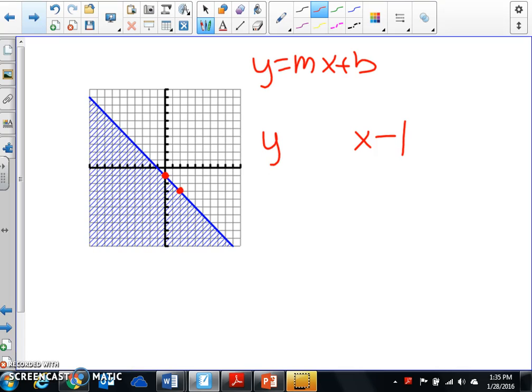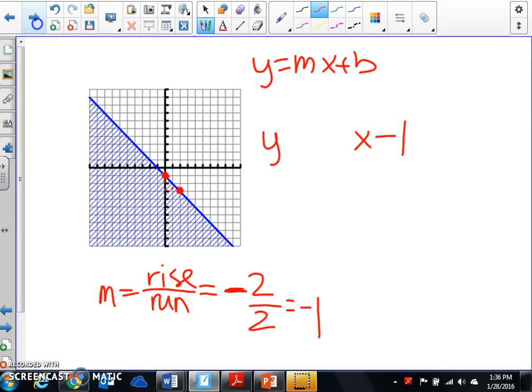Remember, slope is rise over run. Before I even get going, I'm going downhill, so I definitely know this is going to be negative. I go down 2 over 2. -2 divided by 2 is -1. So that's going to be a negative x.